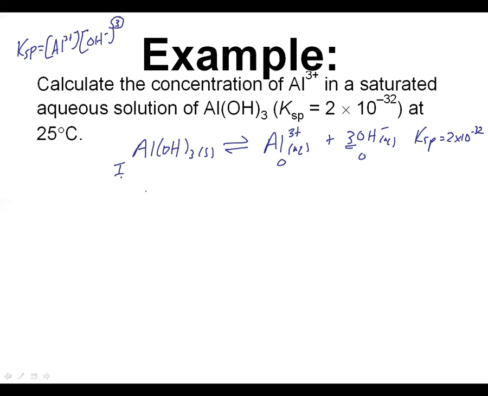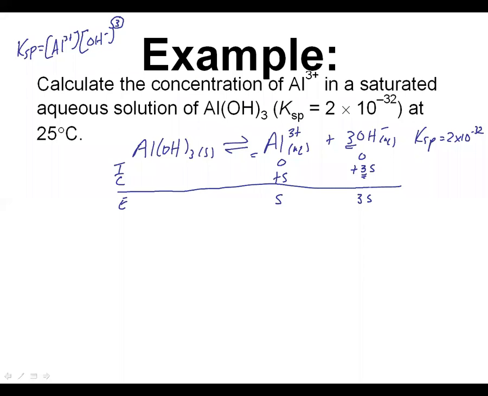Our change is going to be plus S. And again, important here, plus 3S. So this is going to make sure we multiply it by 3. Again, 1S over here because of the coefficient. That is going to get us to our equilibrium here, which is going to be S and 3S. Any questions on the ICE table there?